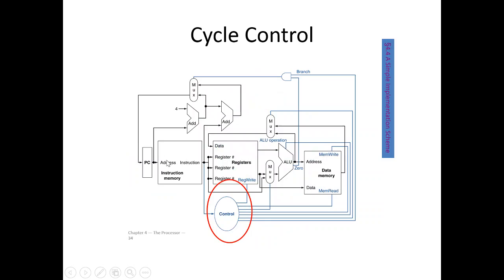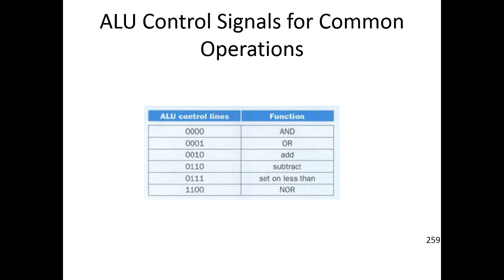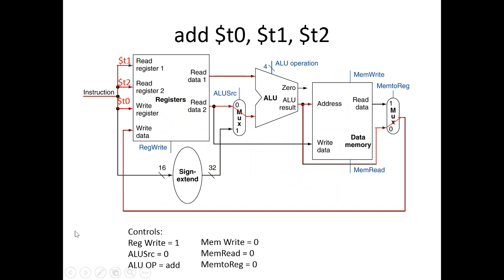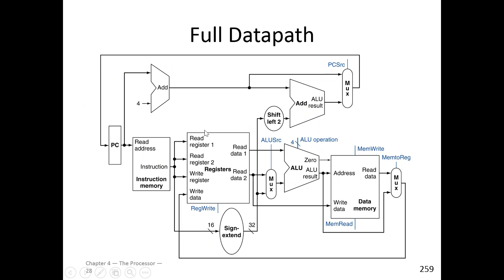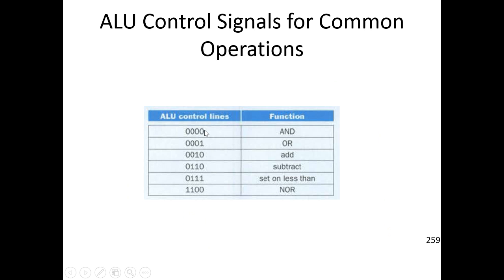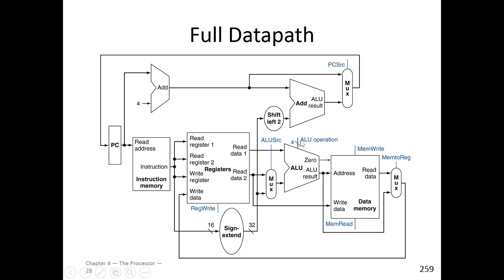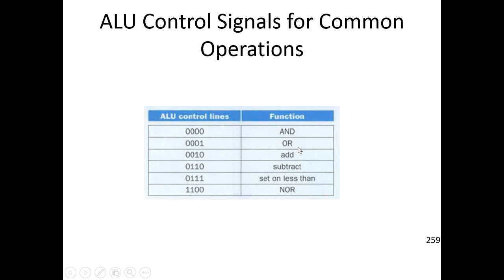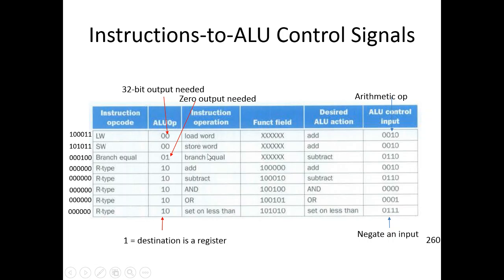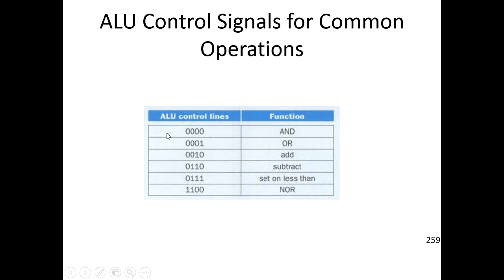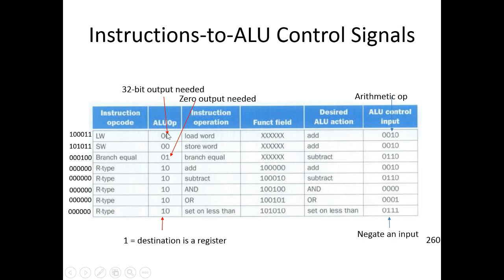Where's all this stuff in between coming from? Remember I said I want you to notice these 6 values for controls that go into each of these. Let's look at that now. Here are 4 values for the ALU control lines, specifically here. Here's our ALU op and here's our ALU control.